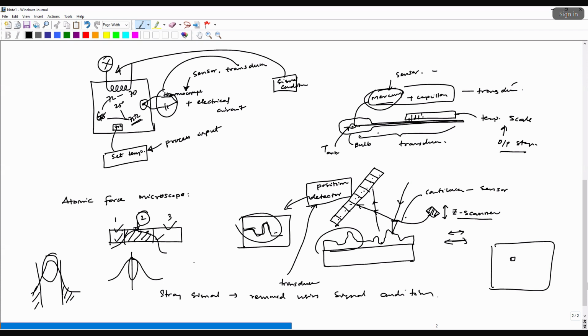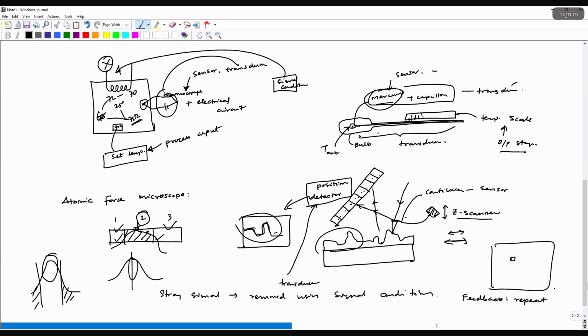Whatever signal you got, you must direct your feedback system. Your feedback system now directs the sensor to repeat the measurement. So the feedback, in this case of AFM, could be to repeat the measurement.